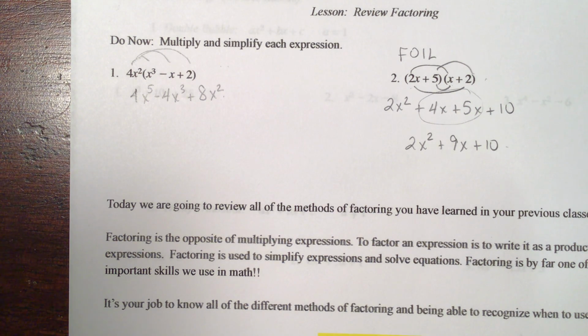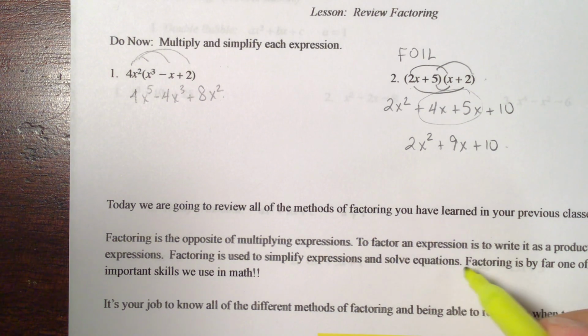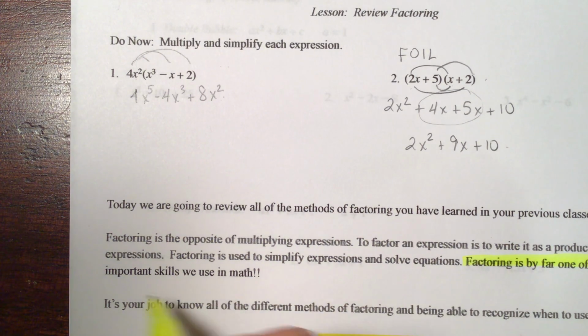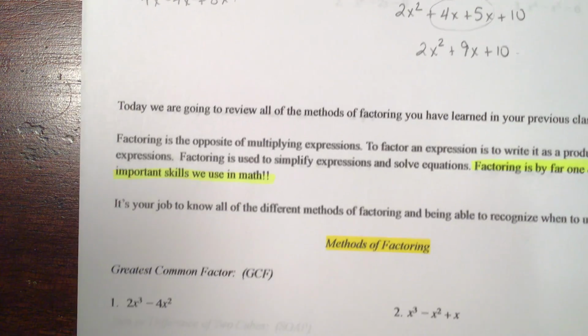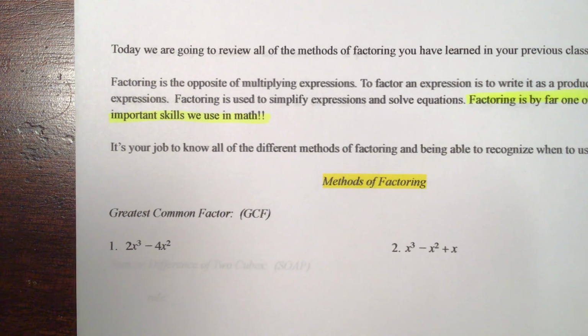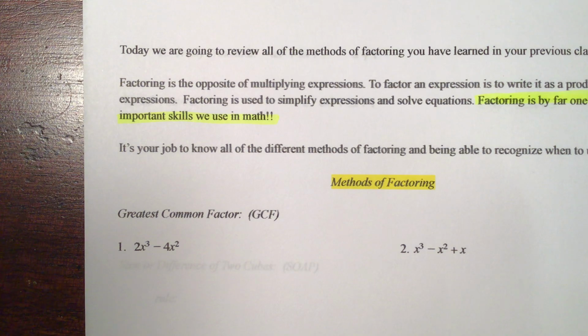Factoring is used to simplify expressions and solve equations. Factoring is by far one of the most important skills you will use in math. It is your job to know all of the different methods of factoring and be able to recognize when to use them. Okay, so methods of factoring that you already know: greatest common factor, or GCF.